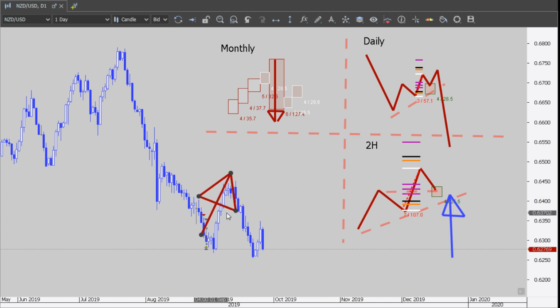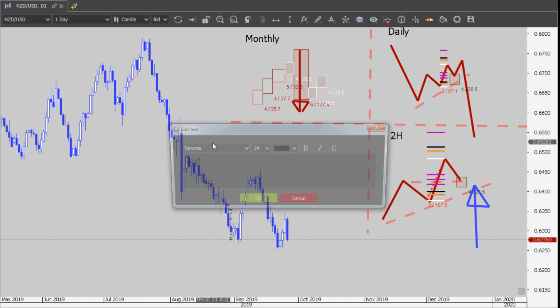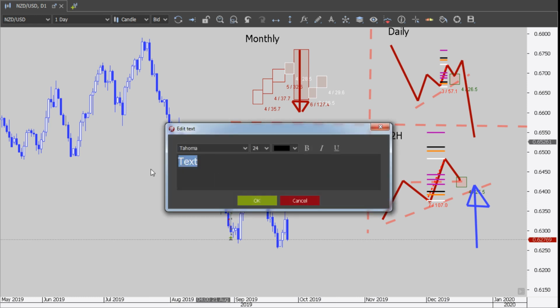So what is the lesson today? The lesson today is this one. Let's write this down, especially for the beginner trader. Before entering the market, check the monthly CF.